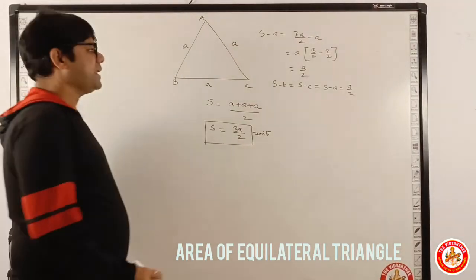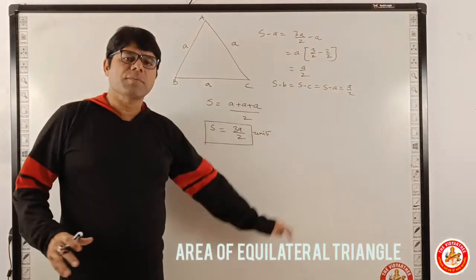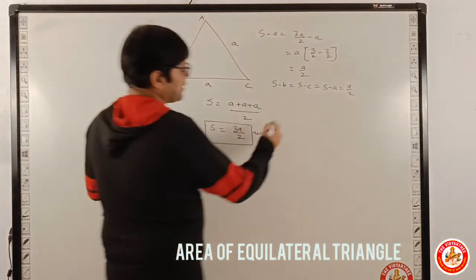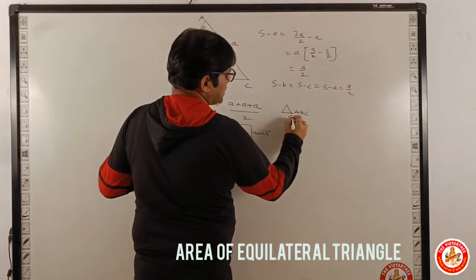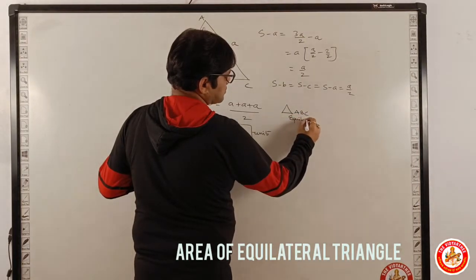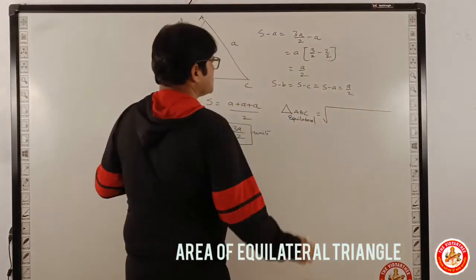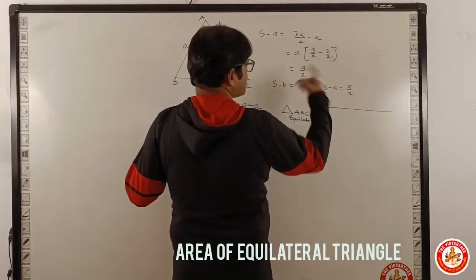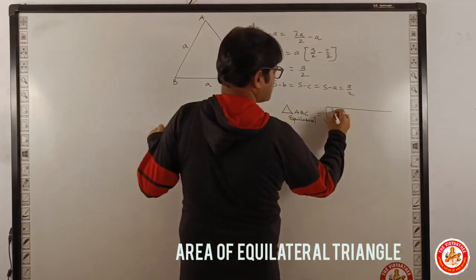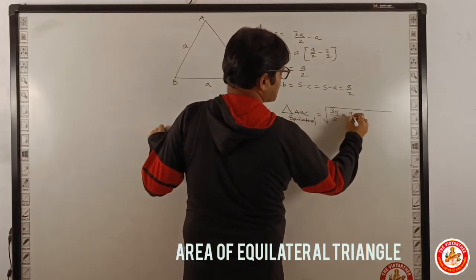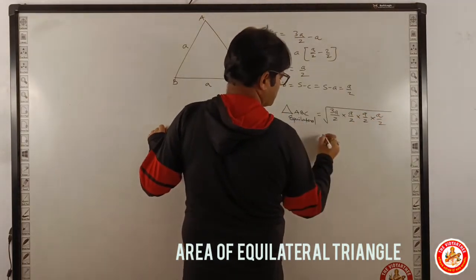So what is the area of an equilateral triangle using Heron's formula? We are taking Heron's formula on the right hand side. If you see very carefully, the area of the equilateral triangle ABC will be equal to under root S, what is S? S itself is 3A by 2 into A by 2 into A by 2 into A by 2.